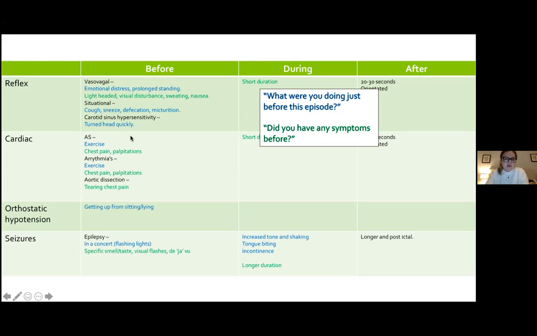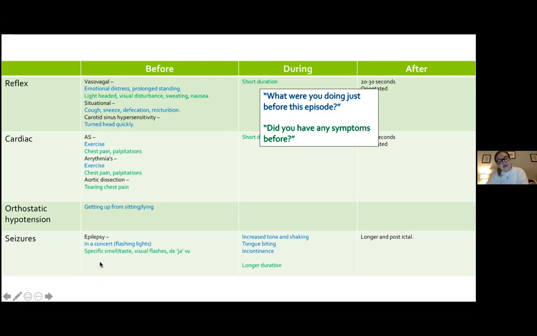In a vasovagal episode, they might have felt lightheaded, had a bit of visual disturbance, and been a bit clammy and nauseous before. For cardiac causes, they might have chest pain or palpitations. When you're asking about chest pain, you need to ask whether it was a tearing chest pain, which is indicative of aortic dissection.